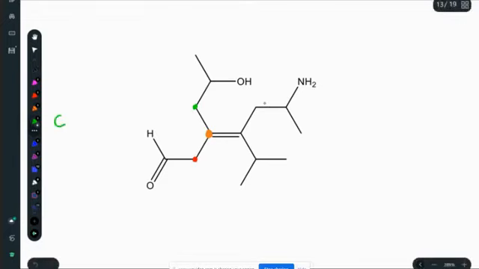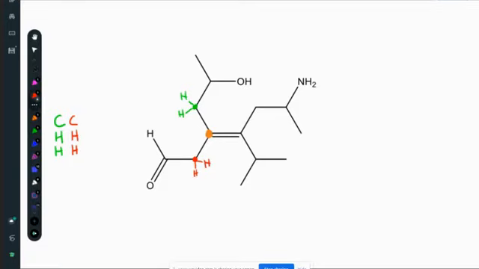Green is bonded to a carbon, which is up here, no, that's the next one, and then 2 hydrogens. So it's bonded to C, H, and H. Well, if I look at my red one down here, this is also bonded to C, H, and H.